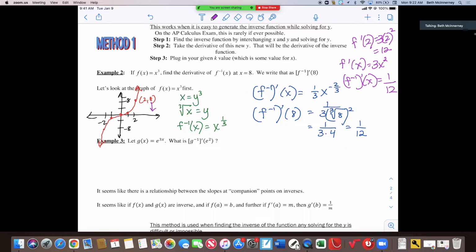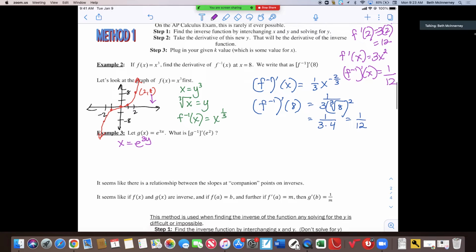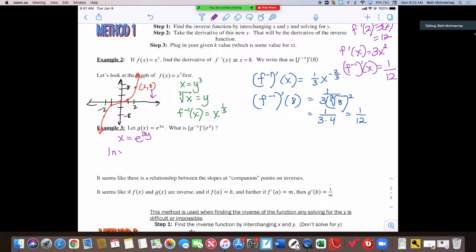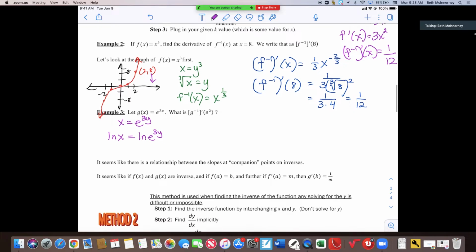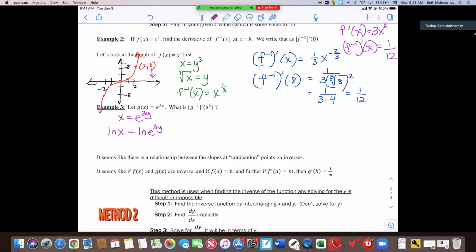So let's look at another one. If I have g of x equals e to the 3x power, what is the derivative of g inverse at e squared? So let's switch the x and the y, and we're going to solve for new y. And you're going to see just beautiful connections to Algebra 2. So I'm going to take the natural log of both sides because I need to get that y to come down from the exponent.